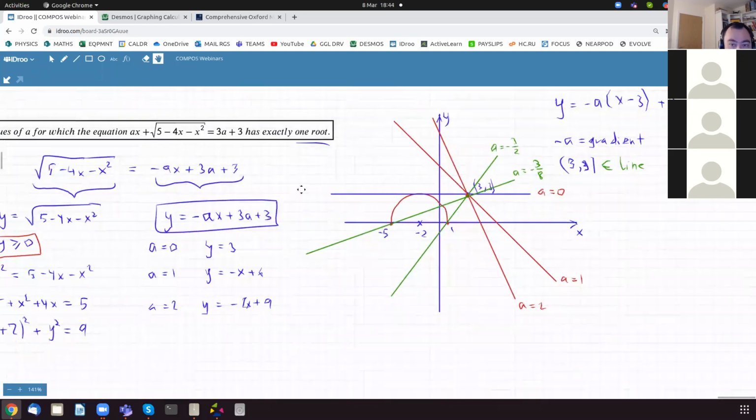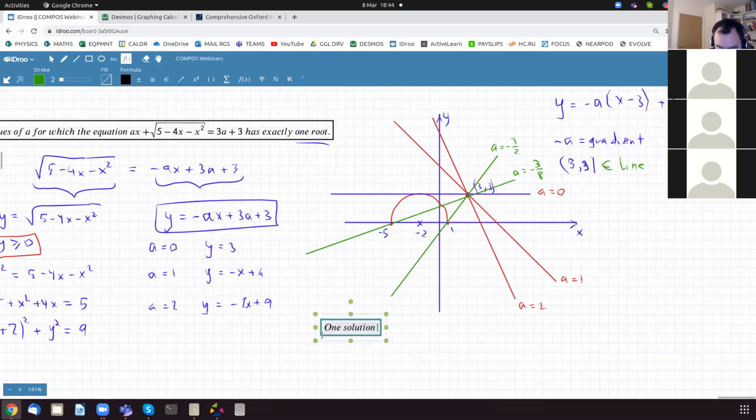So the solution is one solution if, and I'm going to use my new notation which I'm using in this session, A is equal to 0, because you can see only one point of intersection here.